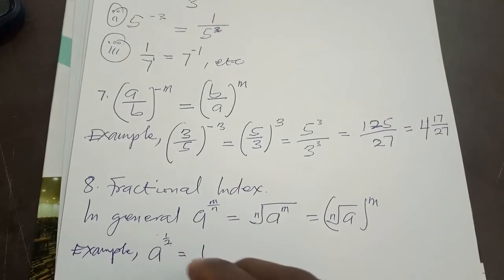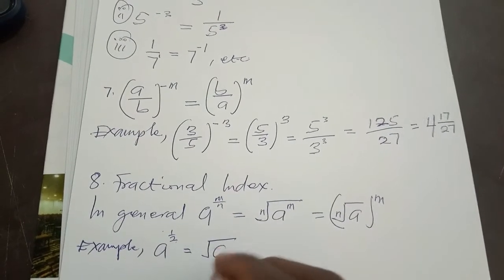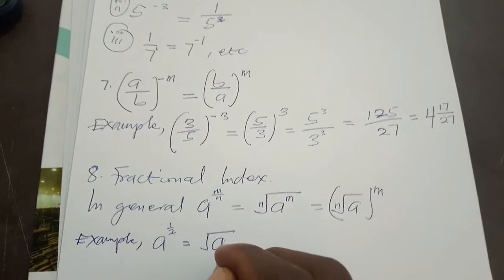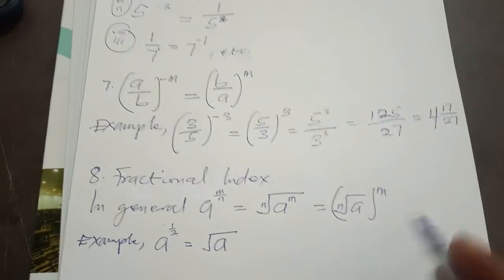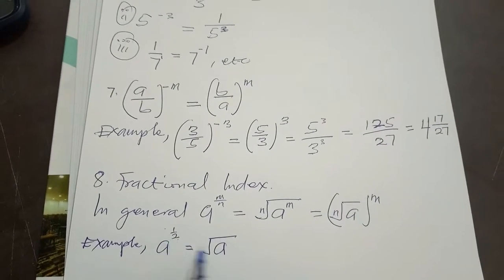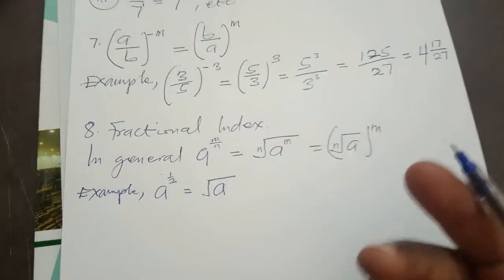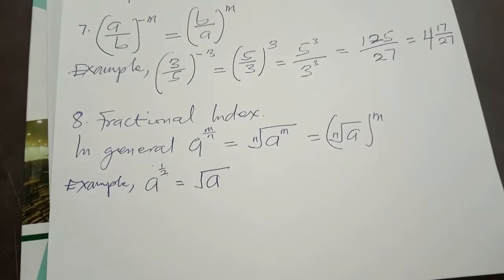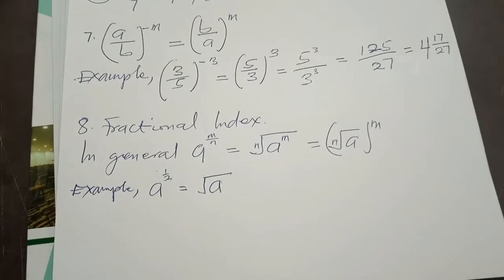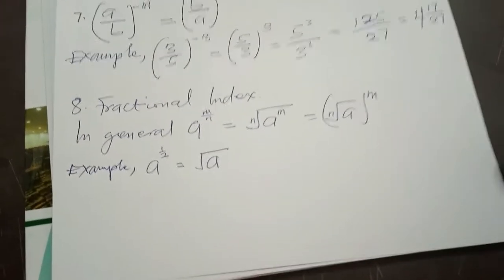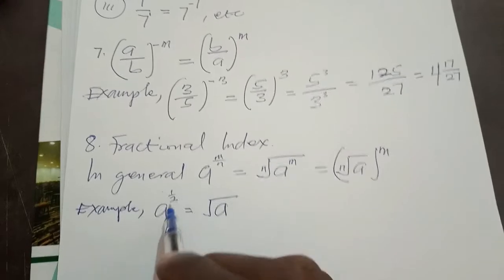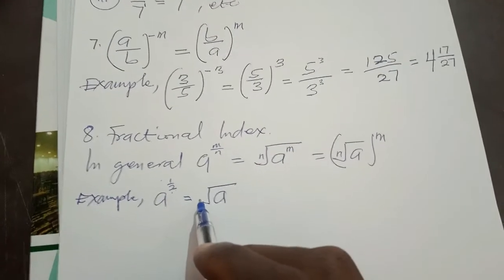So that is going to give us the square root of A, because this one is 2, but for square root we don't write the 2. If you write a 2 in it, it will still give us the same answer. So mostly for the square root, we don't write the 2 in it.